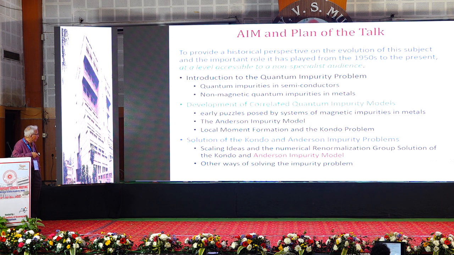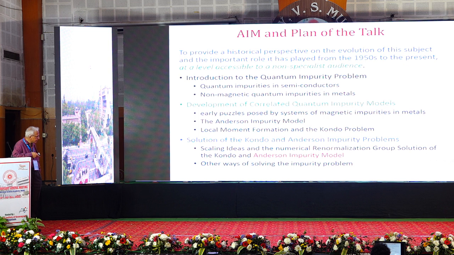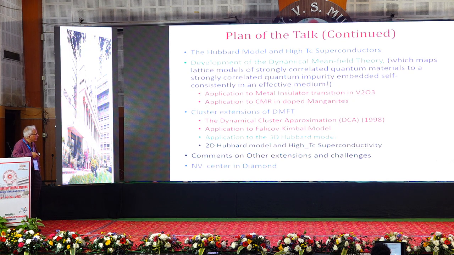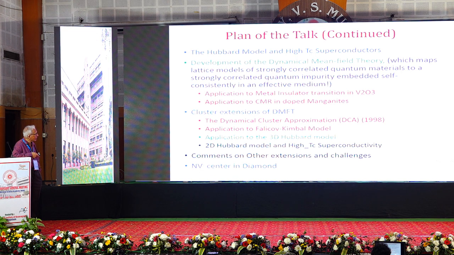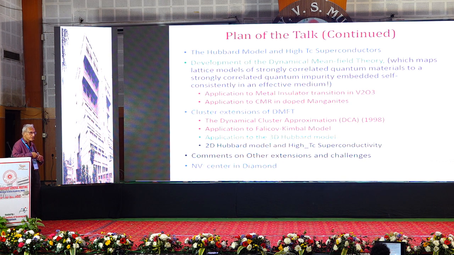I talk about some of the models and some of the problems that it led to, and their solution. Then I talk about a very strange development that took place about 20-30 years ago, when high temperature superconductors were discovered, and one of the standard models for treating them is the Hubbard model.